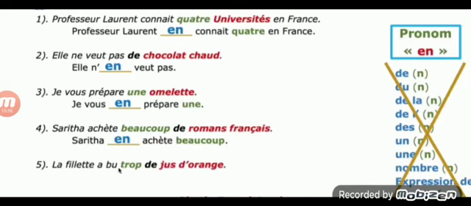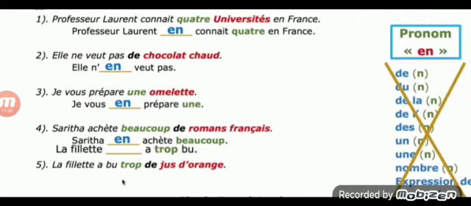La fillette a bu beaucoup de jus d'orange. The little girl drank too much orange juice. See here, the expression of too much. So you can easily identify the noun here. After it, replace de and orange juice. So an expression of quantity like beaucoup we repeat.